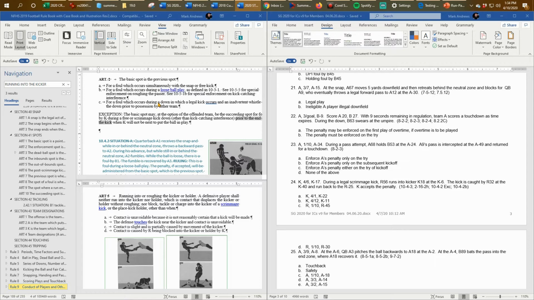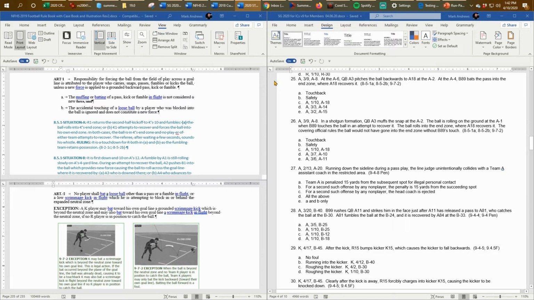So the enforcement spot is going to be the previous spot. We had a 4th and 6. Running into the kicker is prohibited by 9.4.5 and is a 5-yard penalty. So it would result in K 4th and 1 at the K22. That's answer A.